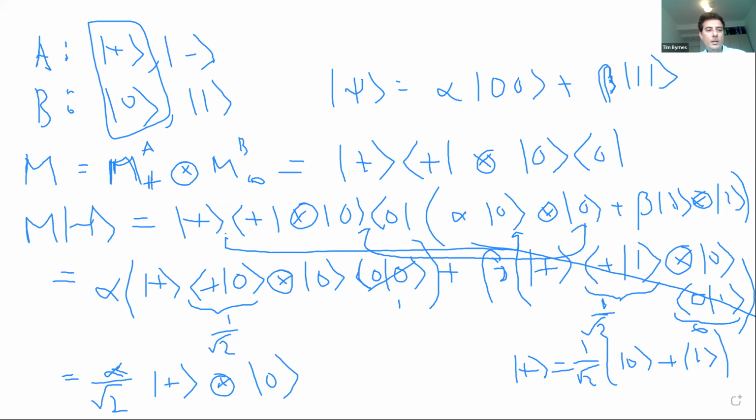With any measurement, you always get the state that is that outcome. It's a bit of an obvious statement, but I said Alice gets the plus state and Bob gets the zero state, and so obviously at the end of that process, that's the state that we should get.